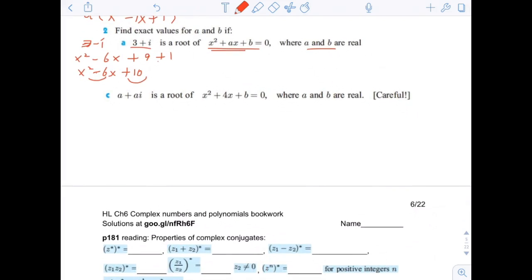Okay, C. a plus ai is a root of this quadratic where a and b are real. It says careful. Okay. So if a plus ai is a root and b is real and 4 of course is real, then we know that a minus ai is also a root.